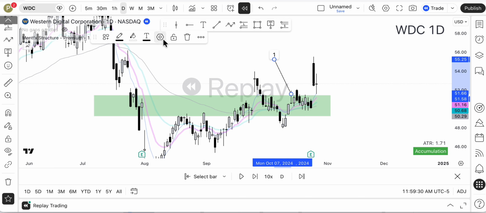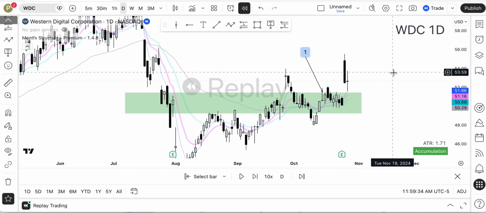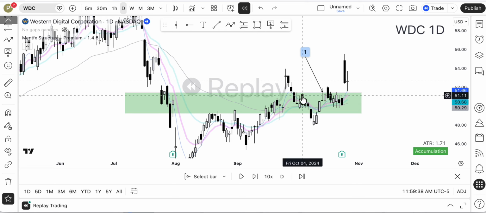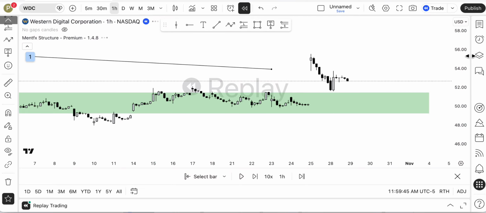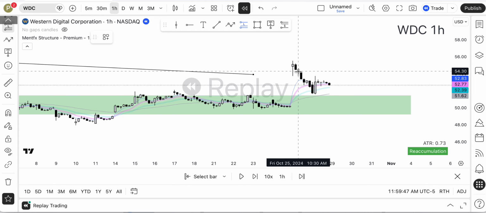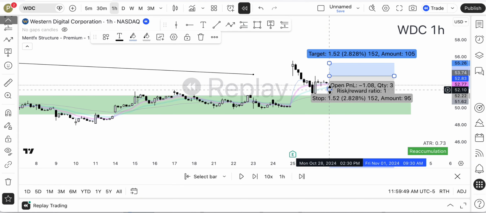I don't know. Is this considered MMB1 on the validation time frame? I feel like it could be, or it could be just part of the accumulation. I think this could be the official MMB1, in my opinion. There is an entry right there.